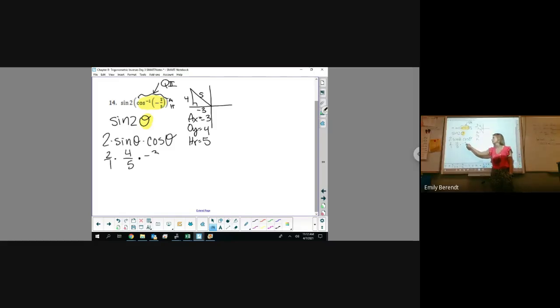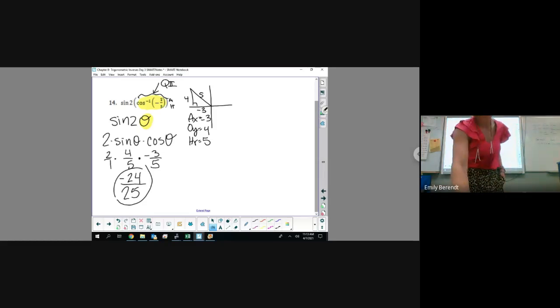Negative 3 over 5. Multiply across, bottom, bottom, bottom. 2 times 4 is 8 times negative 3. Negative 24 over 25. Bada bing, bada boom. So be careful when your angles are not on the unit circle.